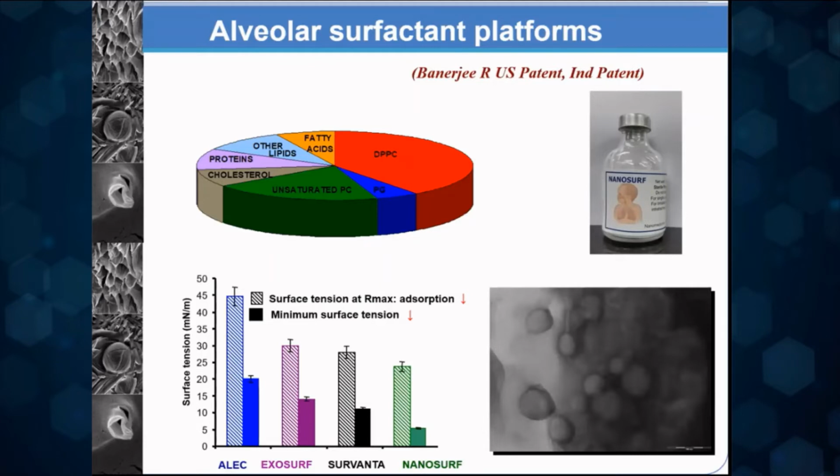Now, alveolar surfactant is a unique mix of phospholipids, proteins, and other lipids, which forms a layer at the alveolar interface. This is responsible for reduction in surface tension of the alveoli.